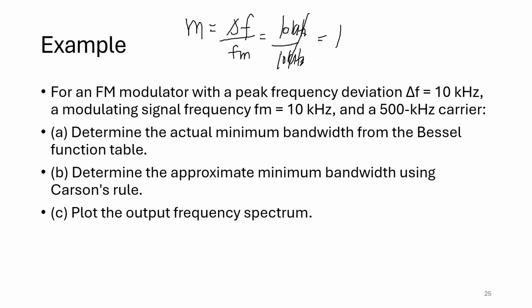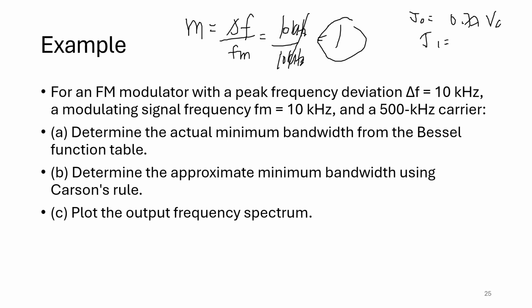From our previous example, we already know how many sidebands will be produced when the modulation index is equivalent to 1. So we have J0, which, if you still remember, is 0.77 of your Vc.